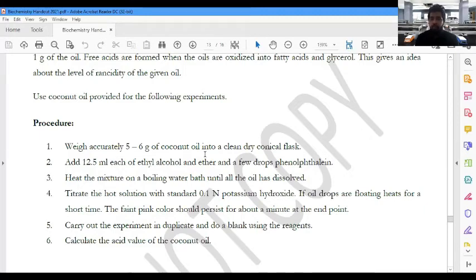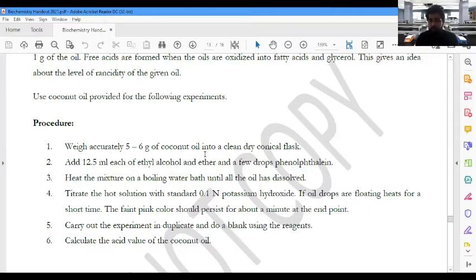Okay, so when there are decomposed products, fatty acids can also be there. Then if you see the structure of fatty acids, a fatty acid contains a COOH group at the end. So you know that in fatty acids, based on the carbon number, 6 to 26 carbons can be there.